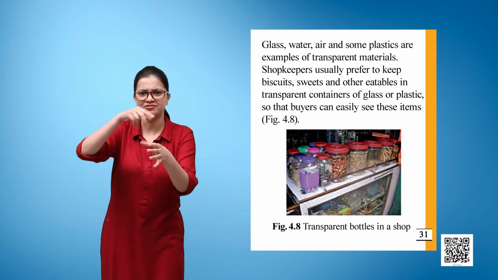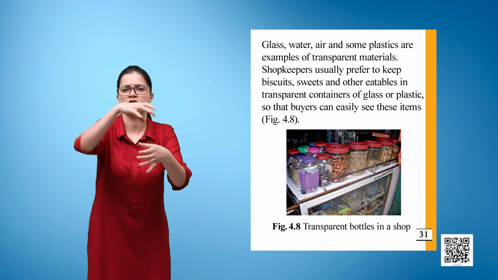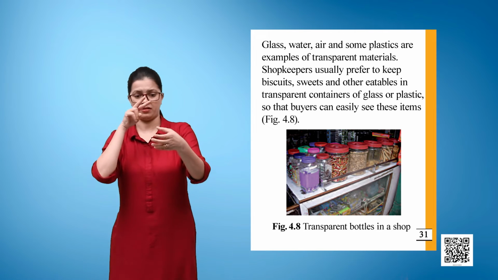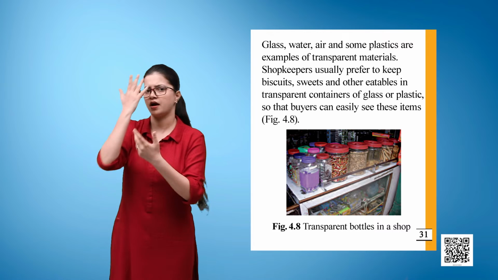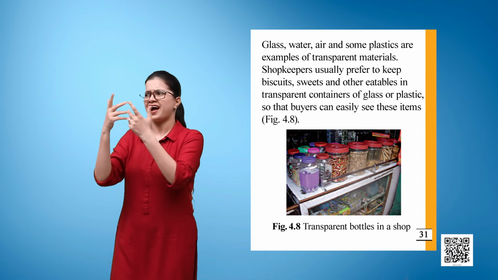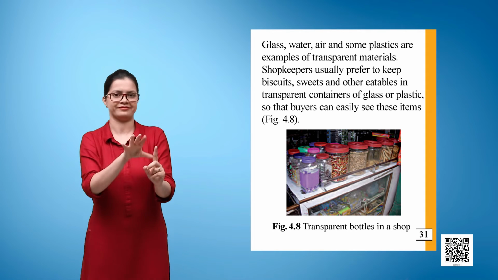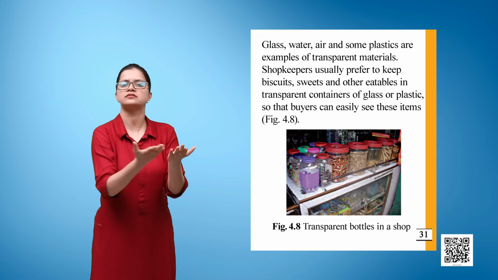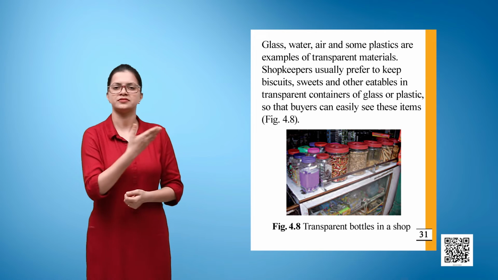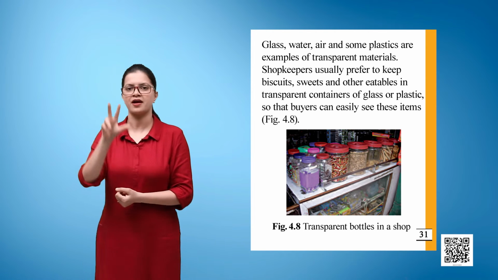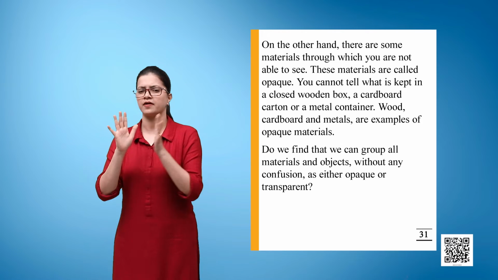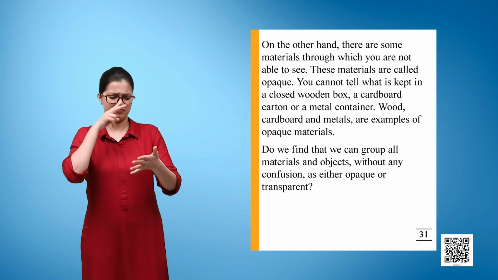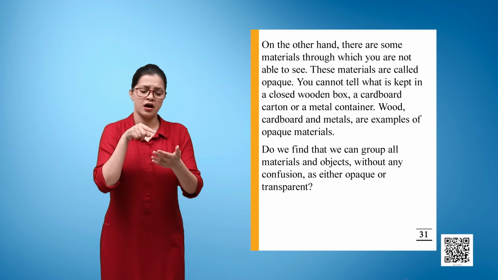Shopkeepers usually prefer to keep biscuits, sweets and other eatables in transparent containers of glass or plastic, so that buyers can easily see these items, as shown in figure 4.8. On the other hand, there are some materials through which you are not able to see.